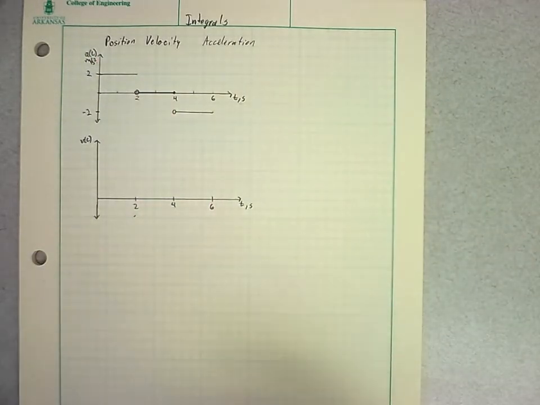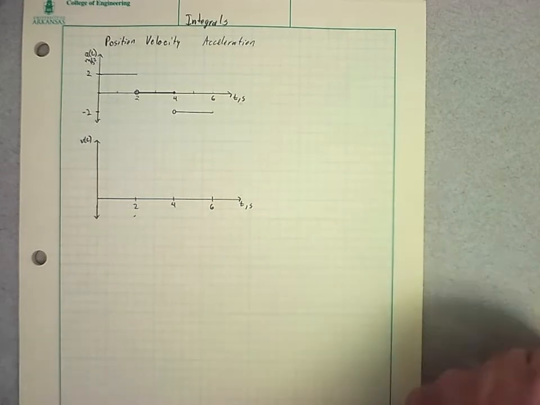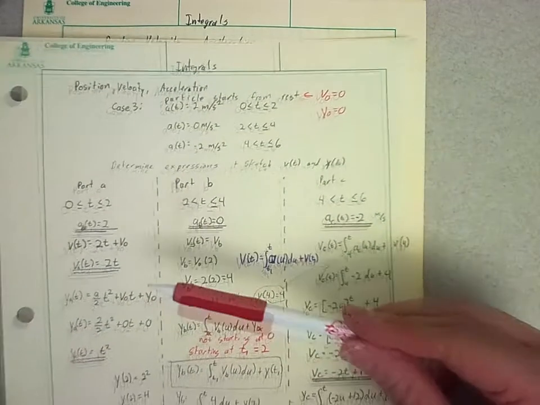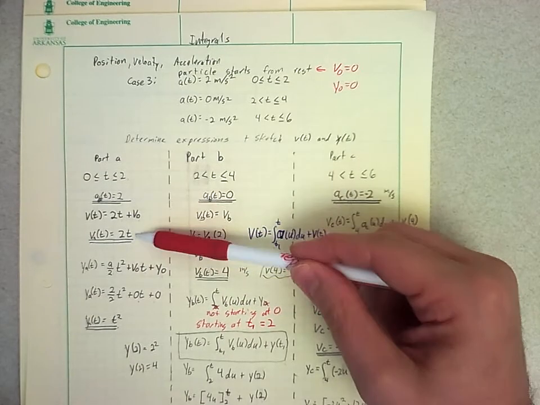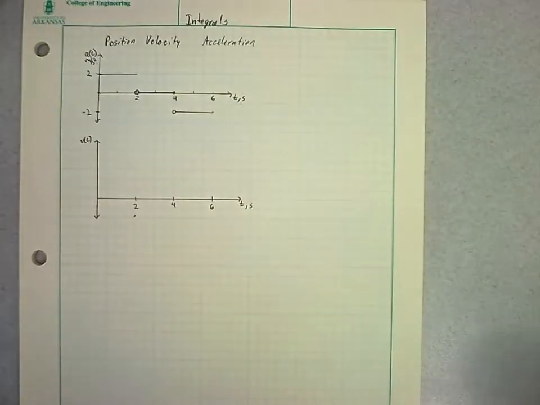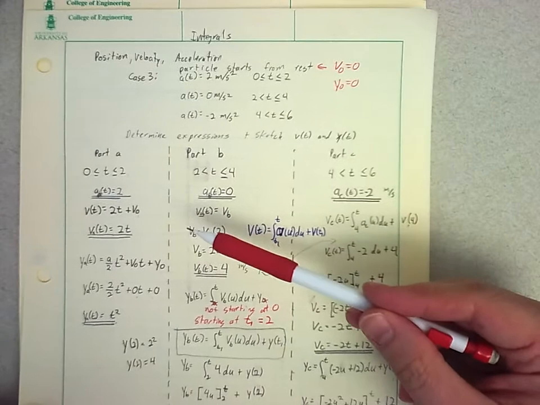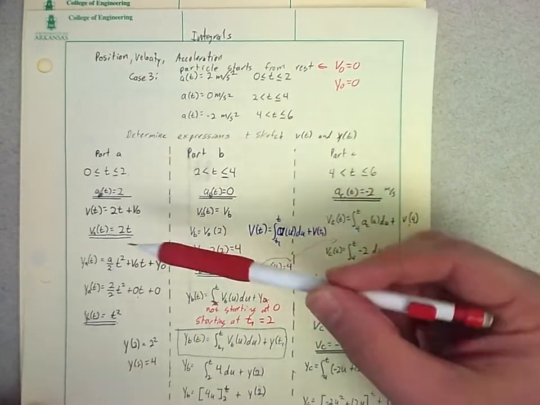Okay, so what were our functions for velocity? Well, for the first part, from 0 to 2, it just looks like 2t. And we know it ends at a value of 4, because we used that over here.